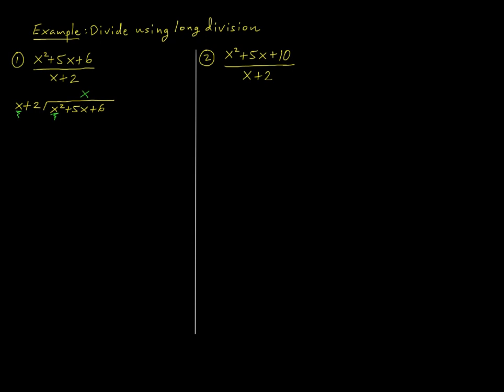Now what is this x going to do? It's going to multiply the divisor, x plus 2, so it's going to distribute to each of these terms, the x and the 2. I get x times x, which is x squared, and then x times 2, which is plus 2x. And then what am I going to do? I'm going to subtract.